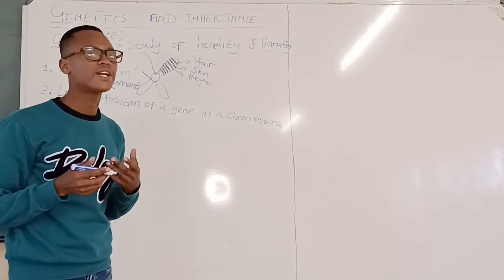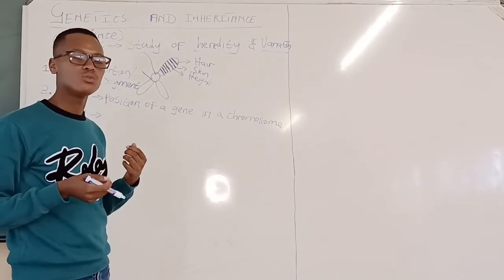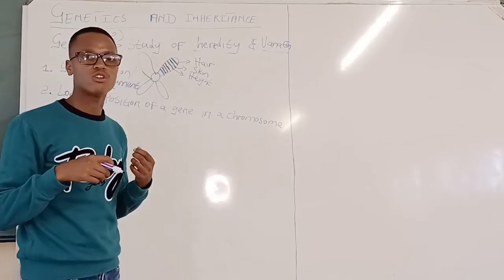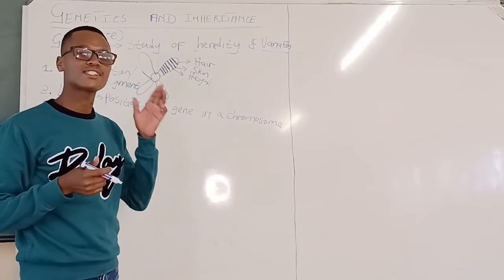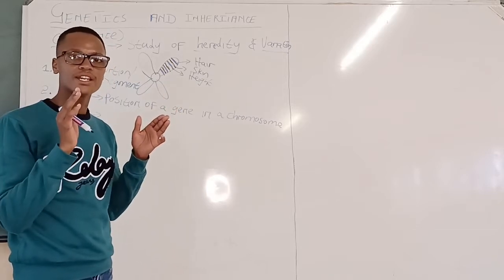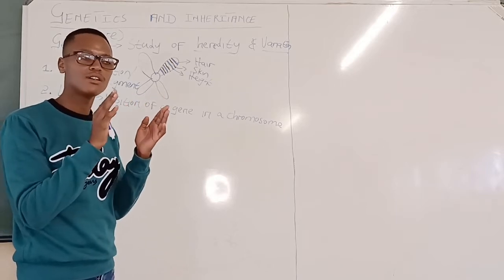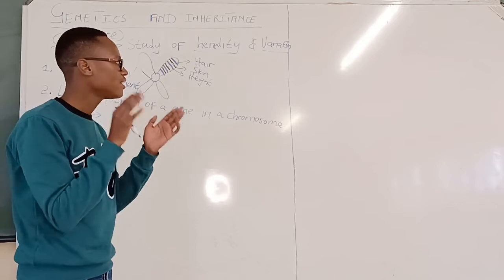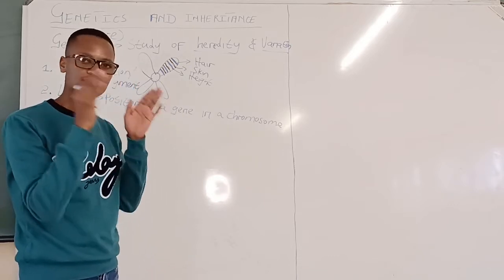So we have to know what homologous chromosomes are. In meiosis, we talked about homologous chromosomes: they are chromosomes that are equal in size, the same in structure, and they code for the same characteristic. Or maybe we can say they function to form the same characteristic.